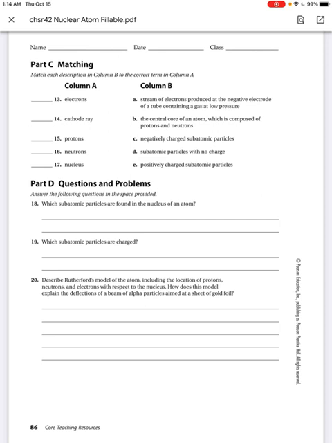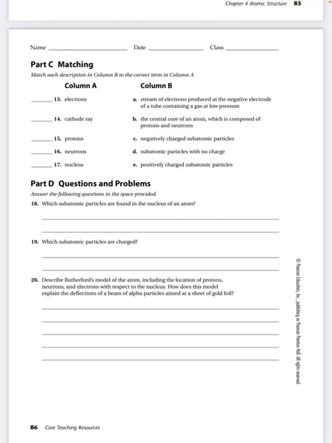And of course, the electrons have the negative charge, and the protons have the positive charge, therefore question 19. And the nucleus contains, of course, the protons and the neutrons in a very small but very dense center.